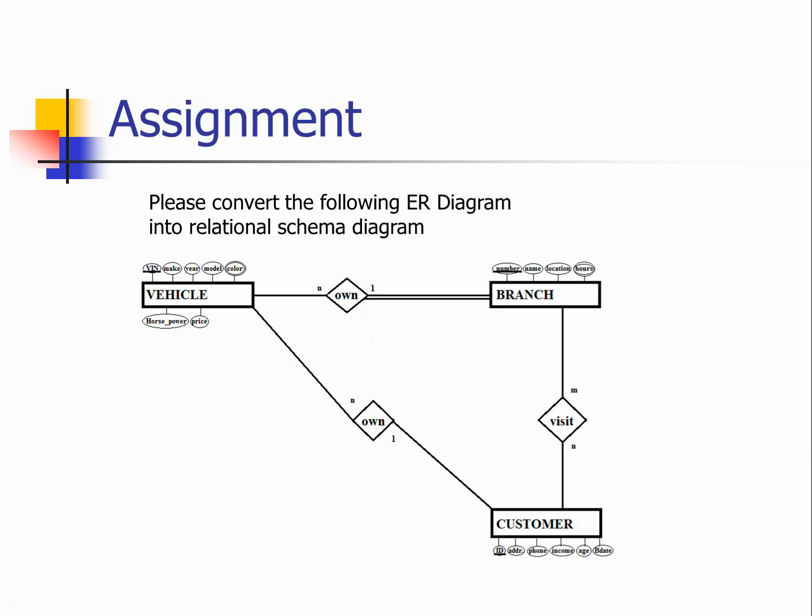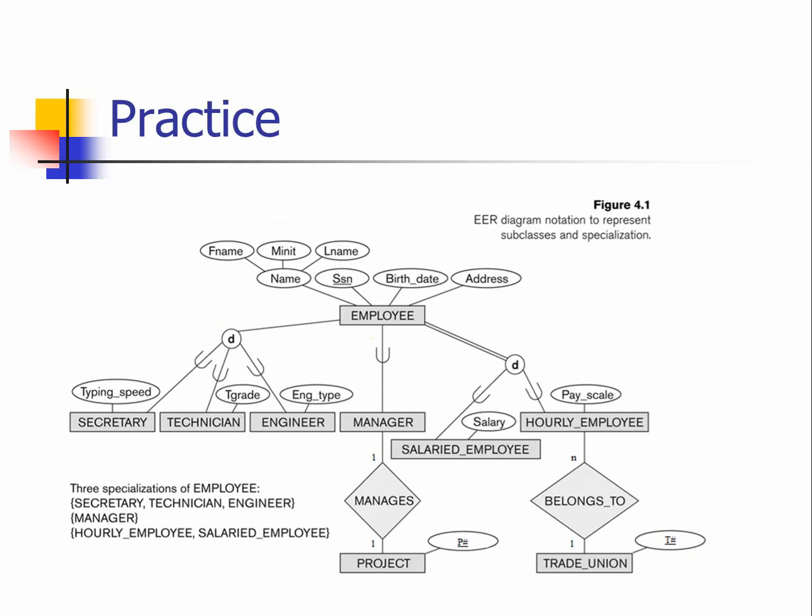The last slide I want to show you is a practice I want you guys to work on. You don't need to submit this one, but this is a practice about how you convert an EER diagram. In this case, you can see that we have employee, we have a subclass category over here, another subclass.